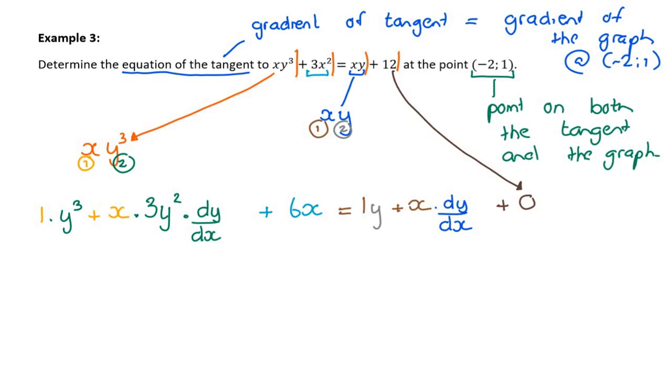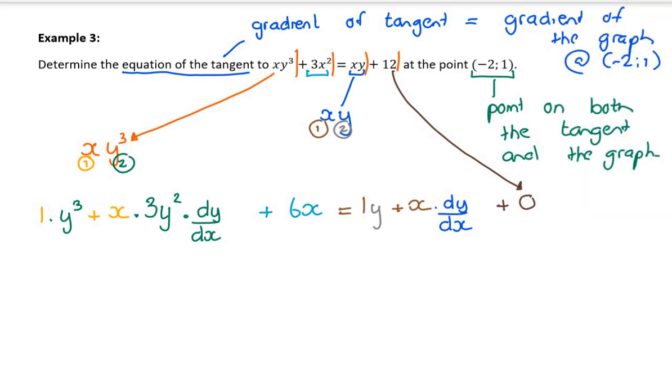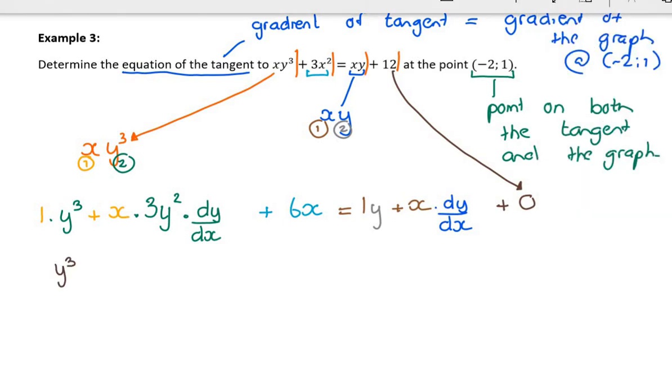Great, so now we have something fairly messy, but let's neaten it up a bit. This is y cubed plus 3xy squared times dy/dx plus 6x equals y plus x times dy/dx. Remember, this is AP Math, so where you can cut steps, do, because we run out of time fairly often.